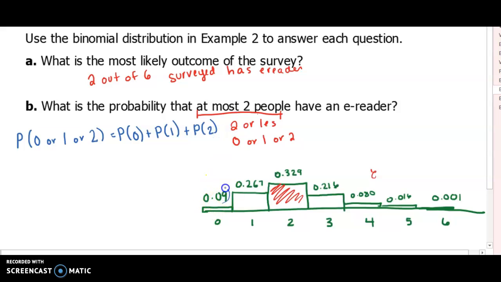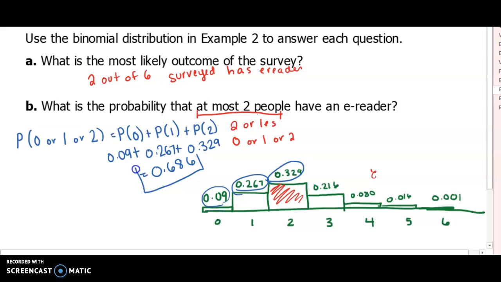The probability of 0 is 0.09, plus the probability of 1 is 0.267, and the probability of 2 is 0.329. If I put those into my calculator and add them all up, I get 0.686.